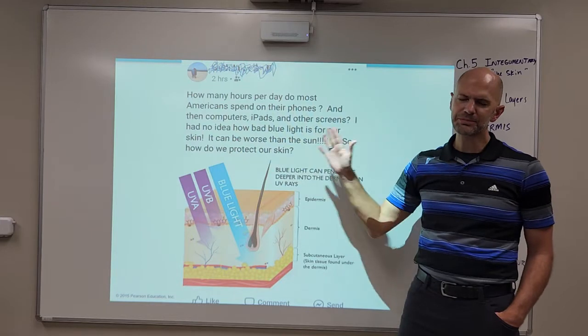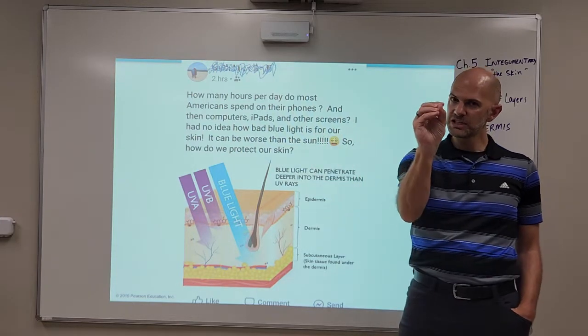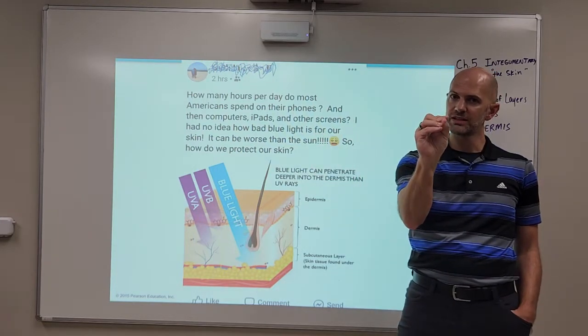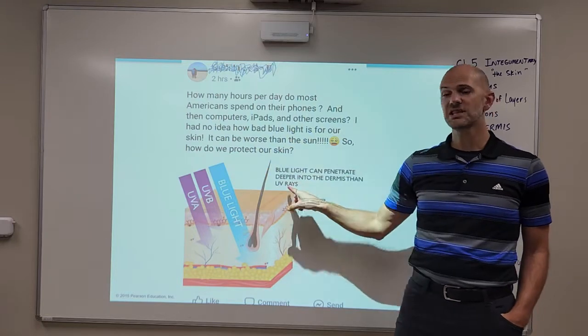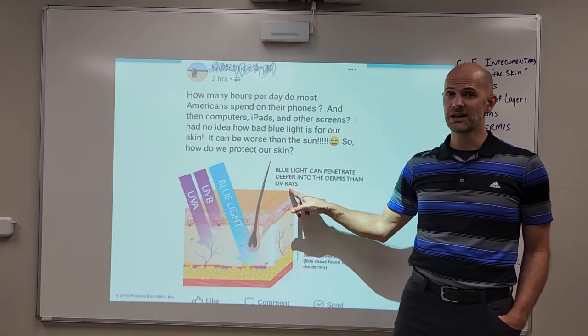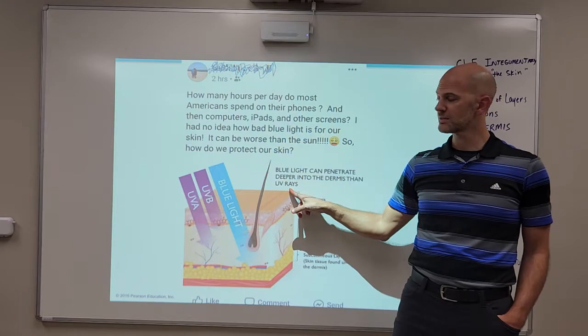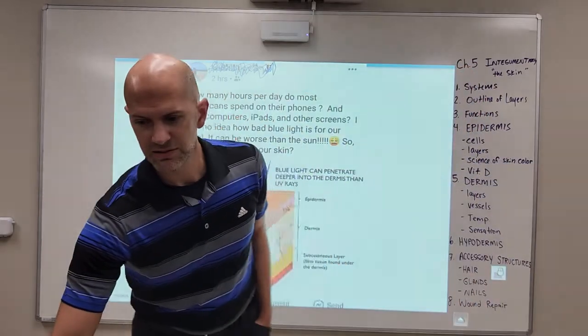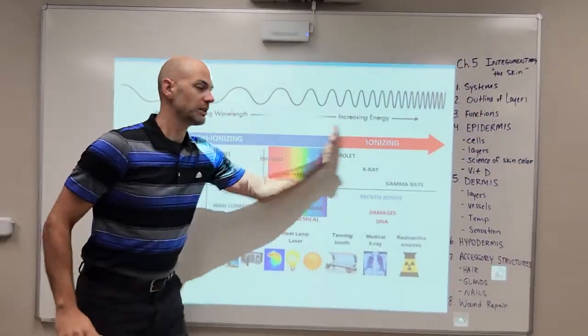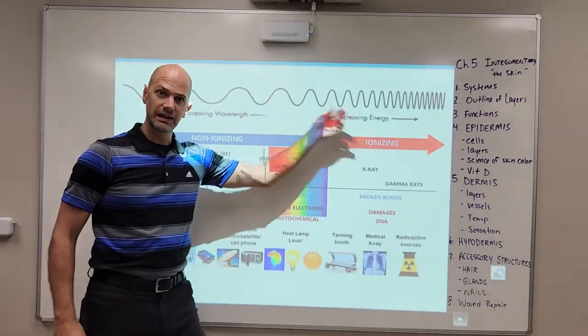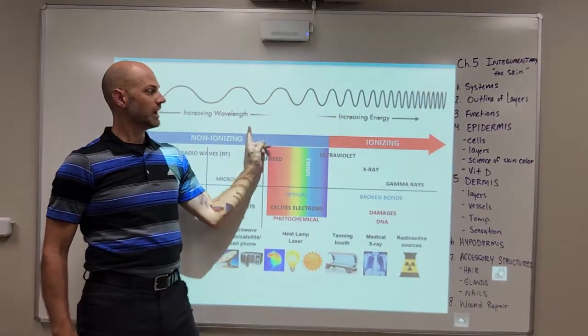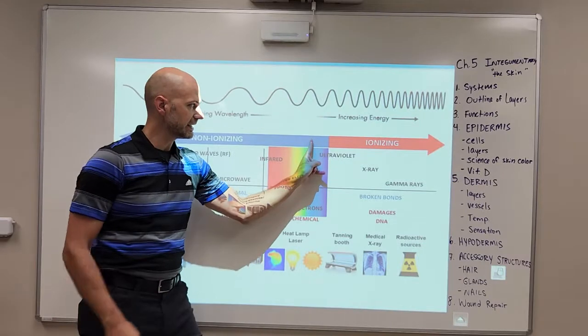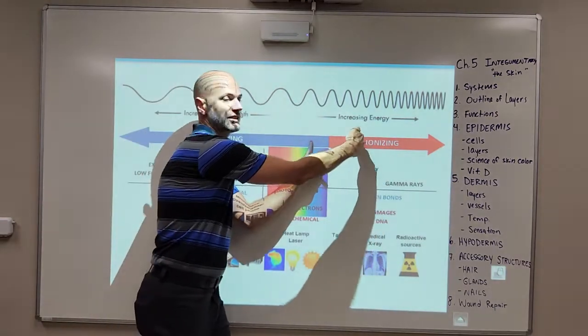Okay, absolute garbage, right? You need to become an educated student, individual, and citizen, so that when you see this type of garbage, you say, that's not true. That's not how science works. Because if we go back to this diagram here, we learn about ionizing versus non-ionizing wavelengths, and we realize that blue light is on this side of the ionizing wavelengths.